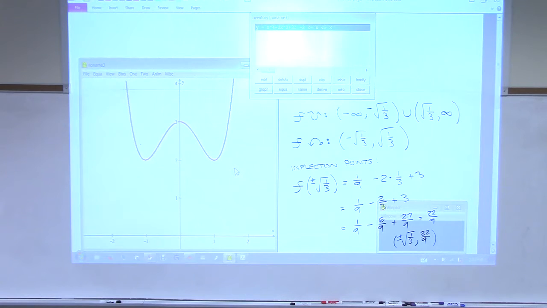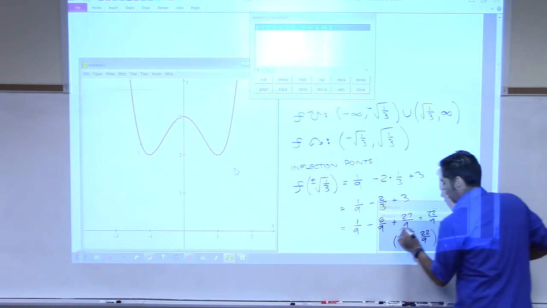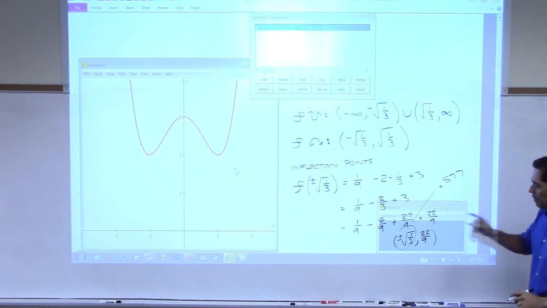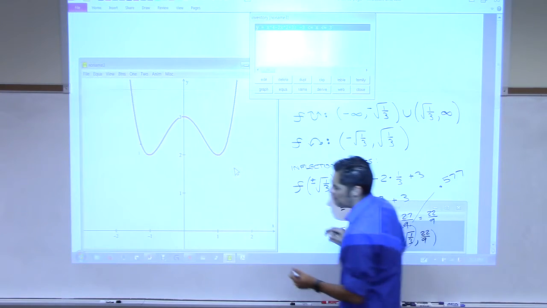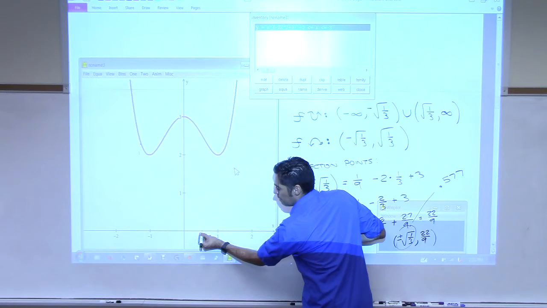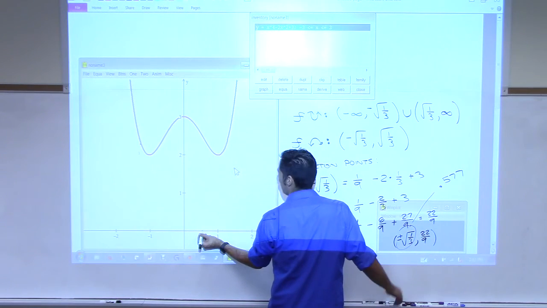What was root 1/3? 0.577? All right, both positive and negative. If I go to 0.577, which would be right around somewhere around here, and I go up on my graph, what was 22 over 9? Like 2 point something?